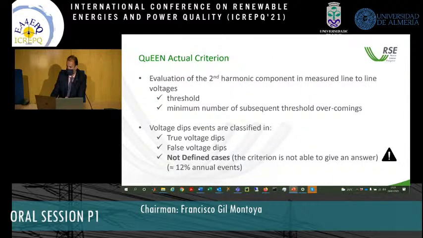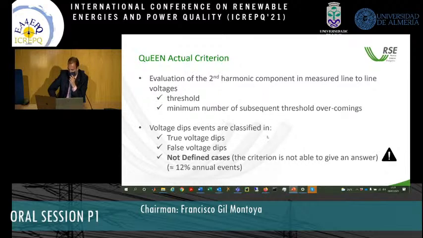Of course, this problem was well known since 2006, and our company decided to validate a second harmonic component algorithm. By evaluating the second harmonic in the output of the voltage transformer, we set a threshold and a minimum number of subsequent overcomings, and through this we developed an algorithm to classify the voltage dips.